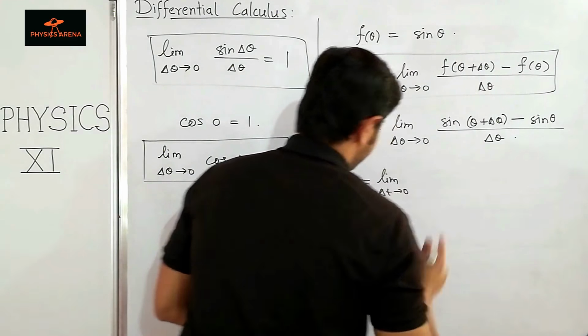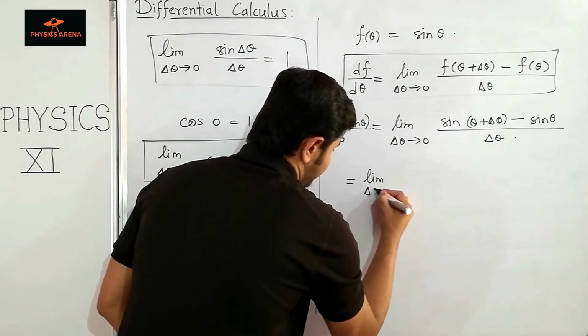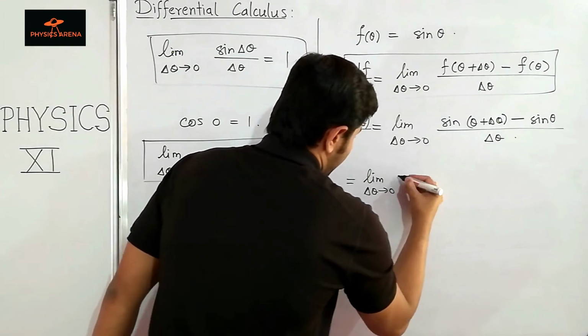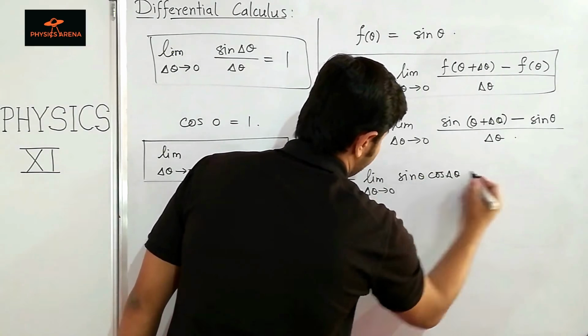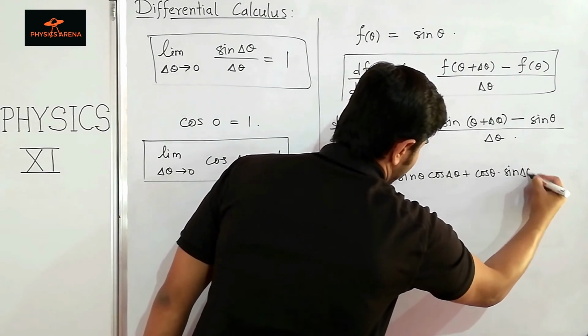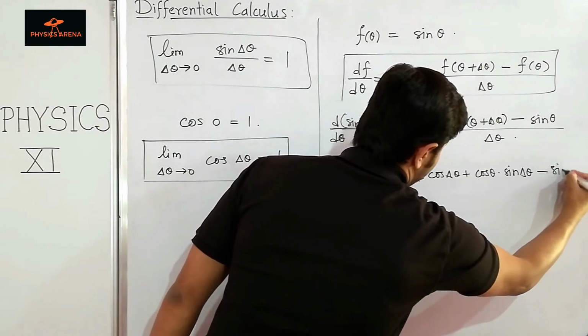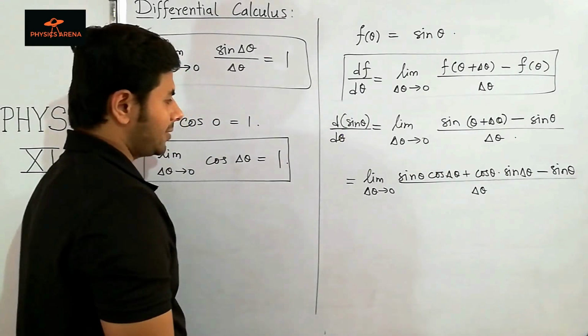Let me rewrite it. Sine of theta into cos of delta theta plus cos of theta into sine of delta theta minus sine theta, divided by delta theta.